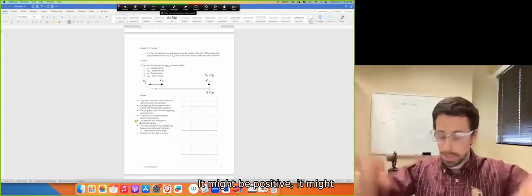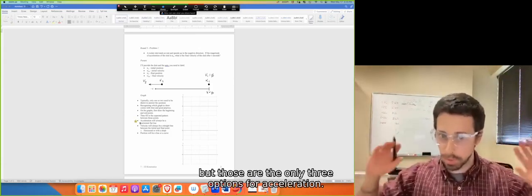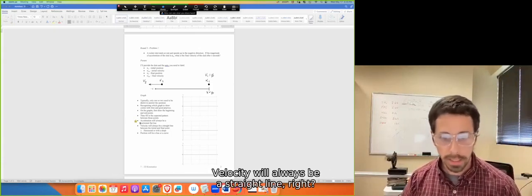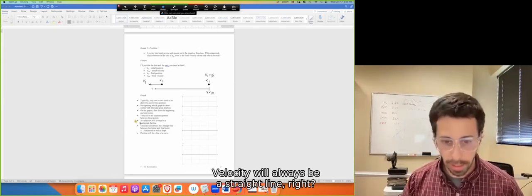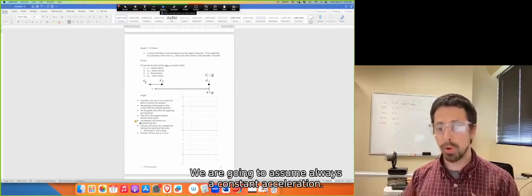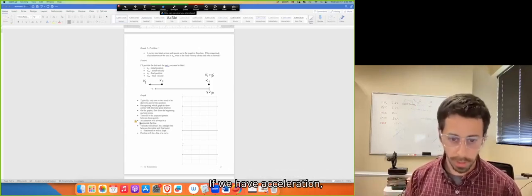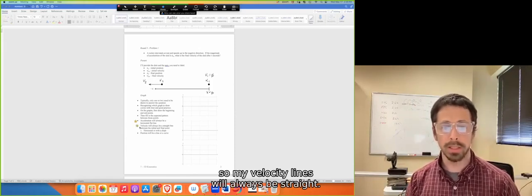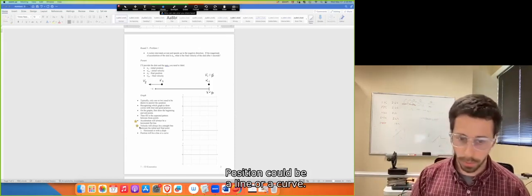It might be positive, negative, or 0, but those are the only three options for acceleration. Velocity will always be a straight line, because we are going to assume constant acceleration if we have acceleration. So my velocity lines will always be straight. Position could be a line or a curve.